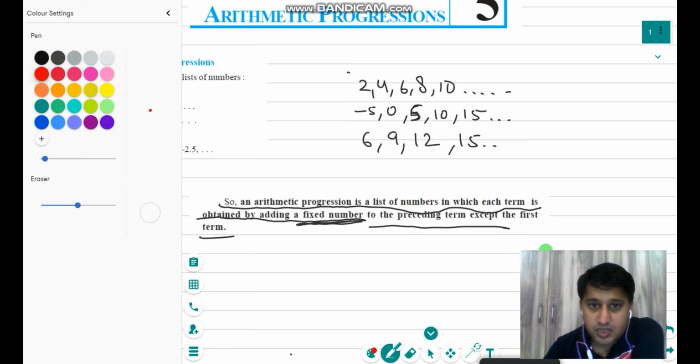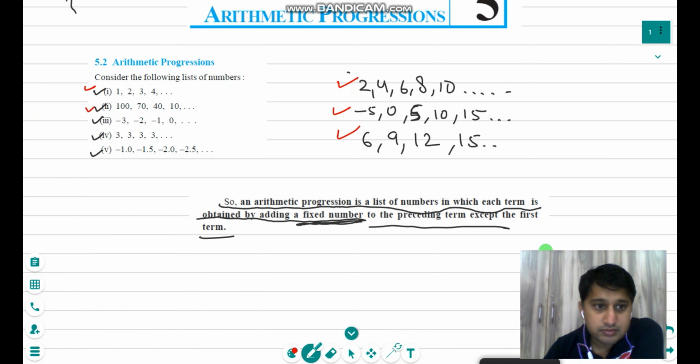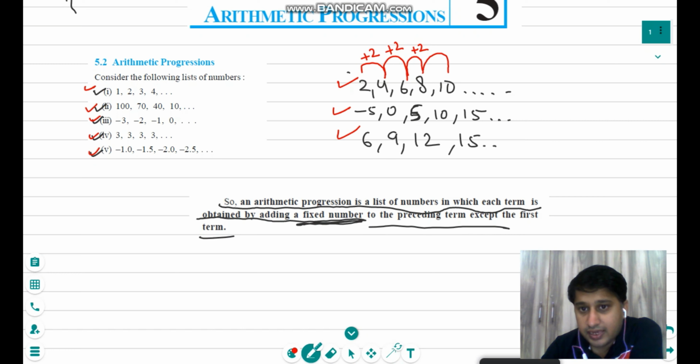In all these sets of numbers there is one common thing. What is that common thing? For example, if we add plus 2 to 2, it will become 4, and then if we again add plus 2, it will become 6, and then if we again add plus 2 to 6, it will become 8, and then if we again add plus 2 to 8, it will become 10.